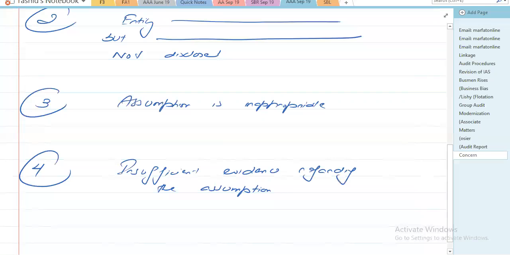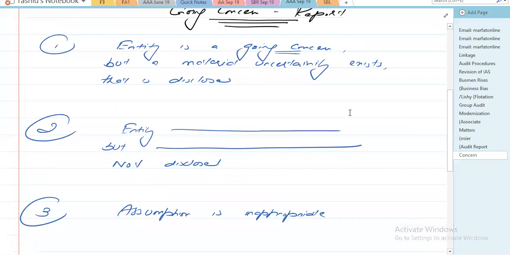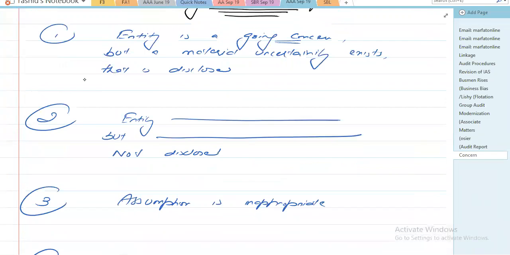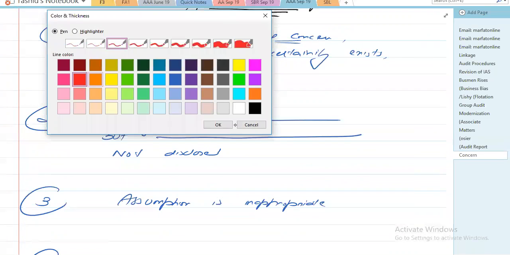So the four things are: the entity is a going concern but a material uncertainty exists that is disclosed; the same but not disclosed; the assumption is inappropriate; and insufficient evidence regarding the assumption. There are four things. Now, let me discuss the first one first.